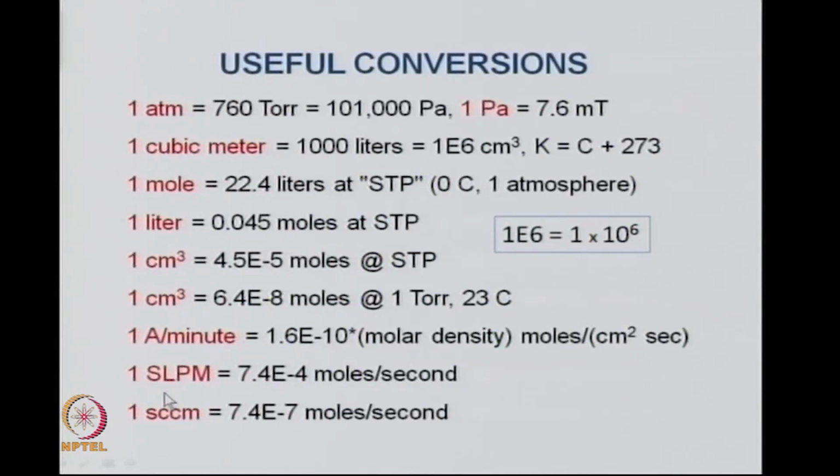And what we just described, the gas flow as 1 SLPM and 1 SCCM, are given here, and you see 1 SLPM and 1 SCCM are different, 1000 times different. 1 SLPM is 1000 times 1 SCCM.